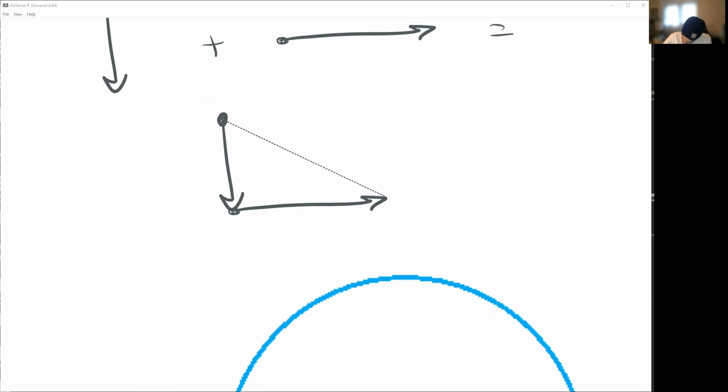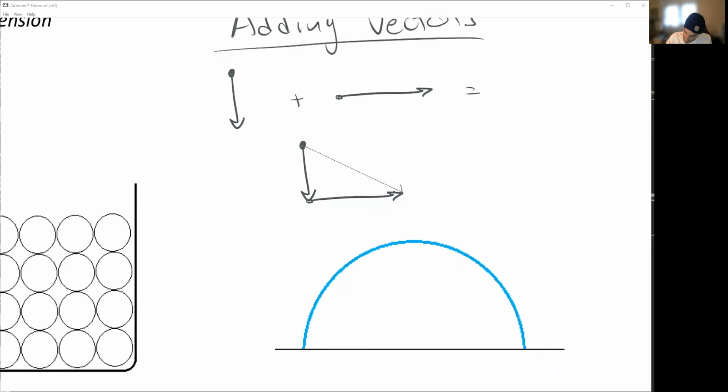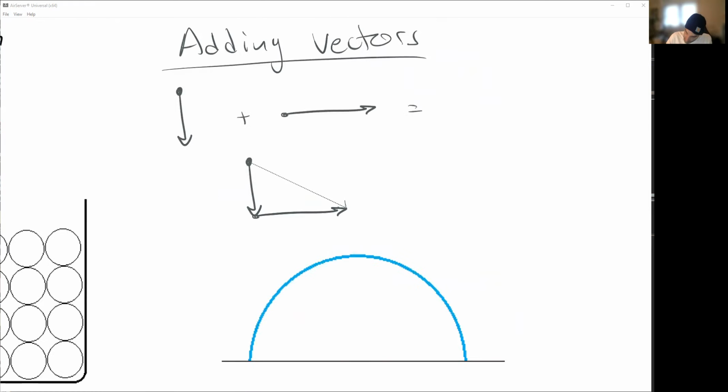So that is the combined vector of this. So that right there is the combination of the two vectors. So it should look like that. So it's a combination of the two. You start from where you start, and that is the resulting vector, okay? The combination of those two.